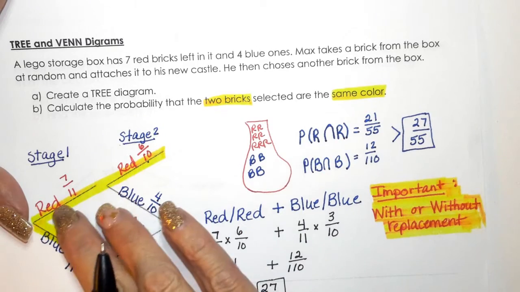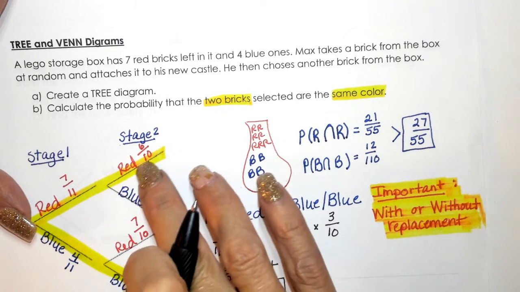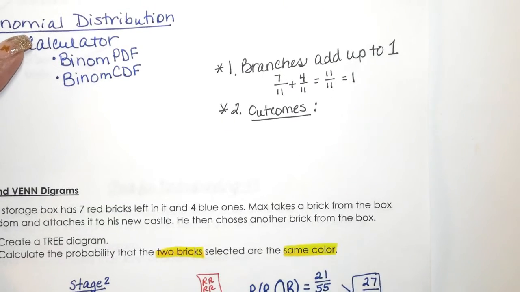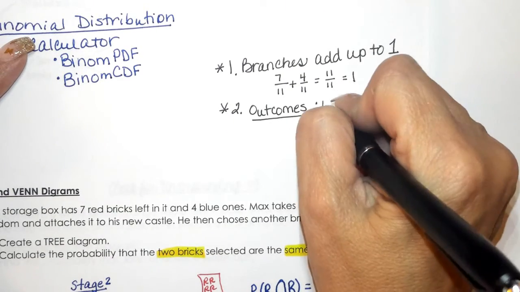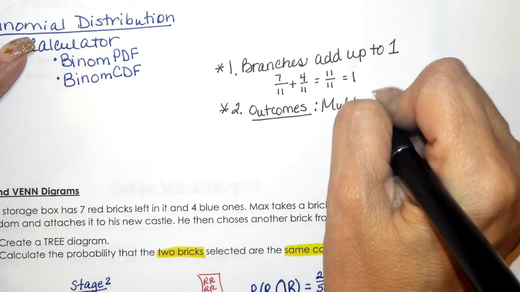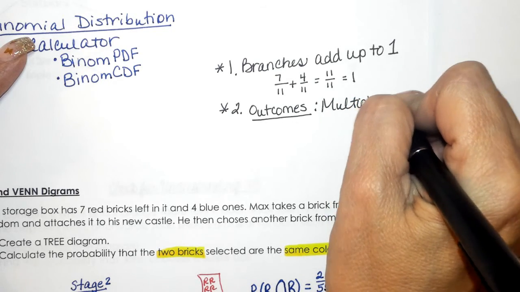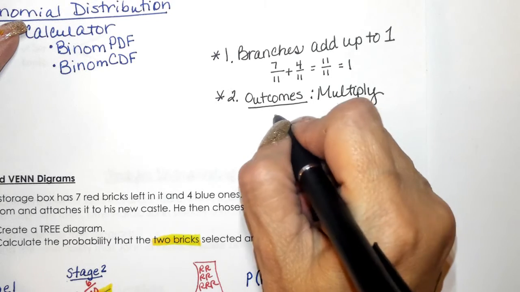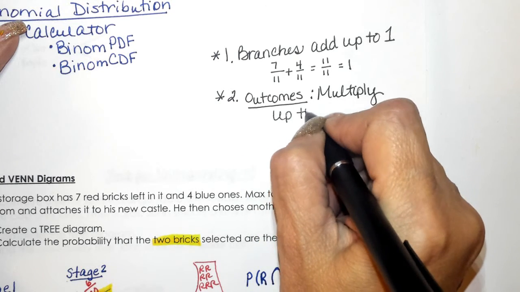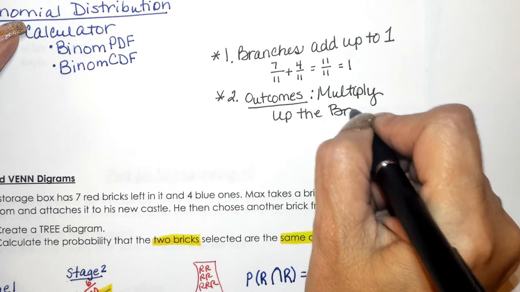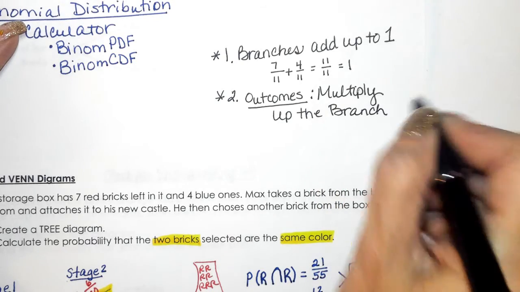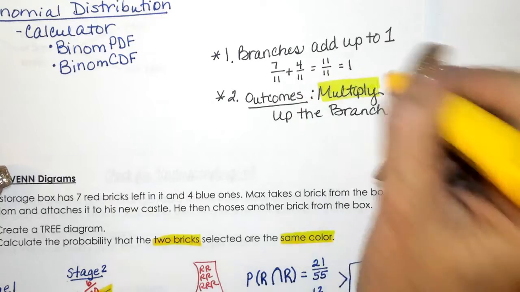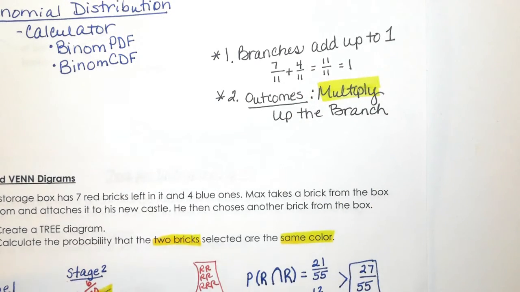This is the outcome. You multiply up the branch. Okay? Multiply up the branch. So I'm going to say that you multiply. Oh, sorry about that. I was looking to see, couldn't really see. Multiply up the branch. And I do want to highlight that word multiply. You multiply up the branch.